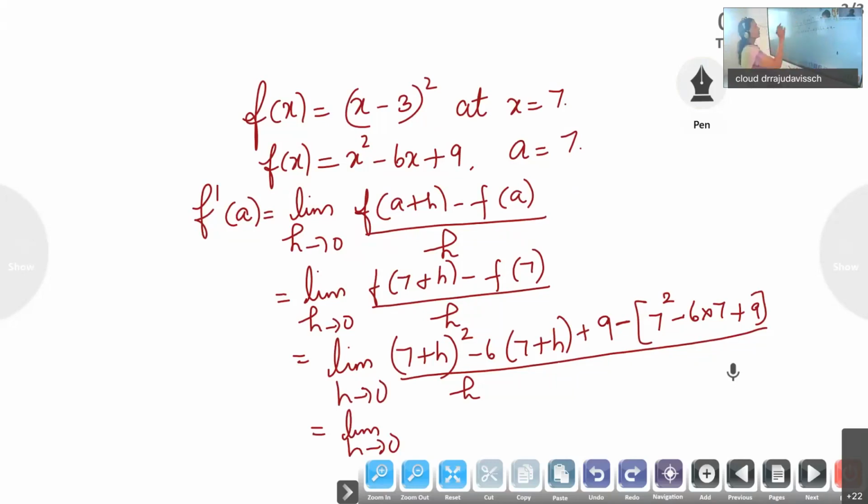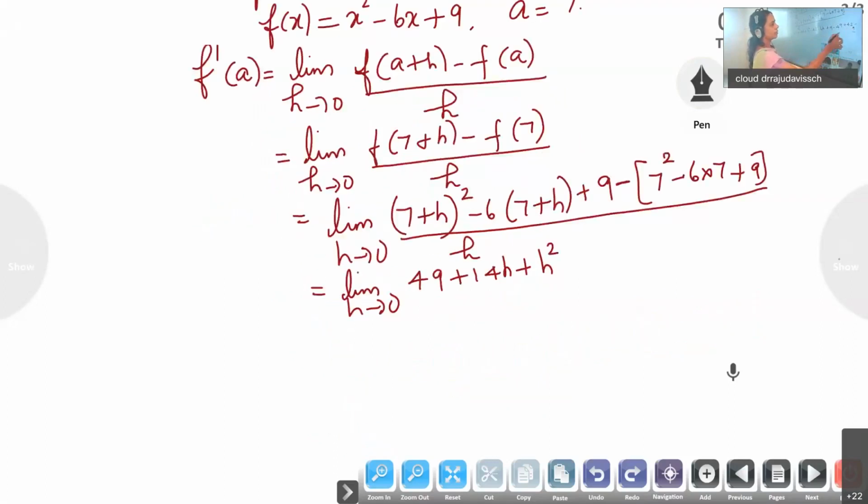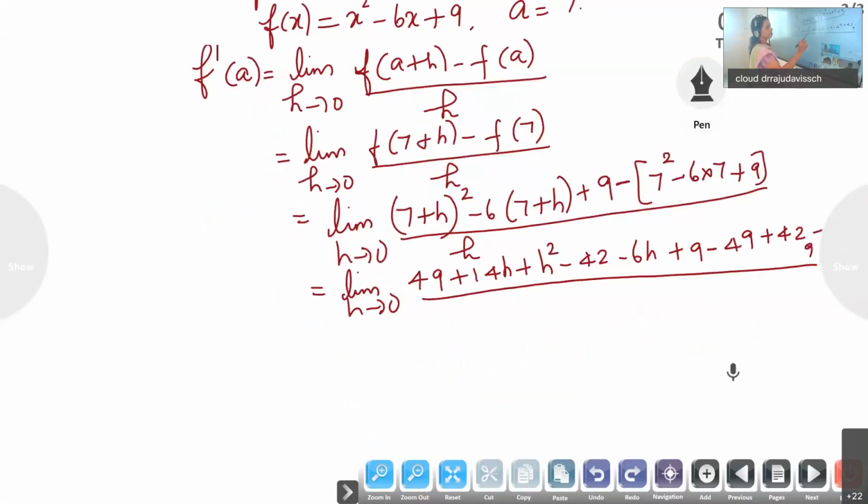What is f of 7 here? In the case of x, if you put 7, what will you get? It is minus 49, minus of minus which is plus 42, minus 9, whole thing by h.